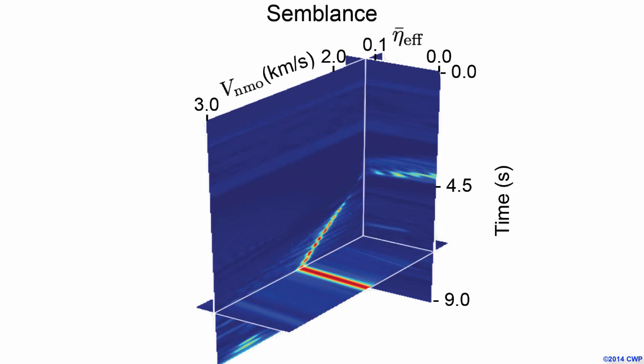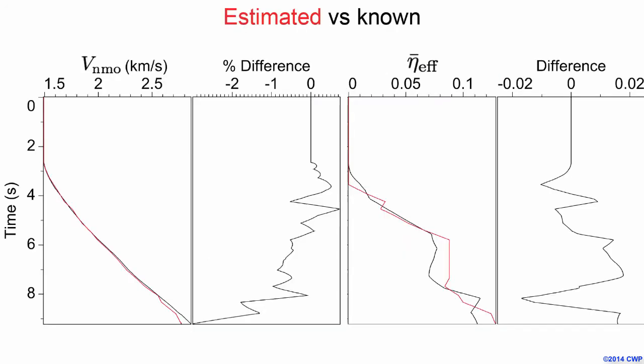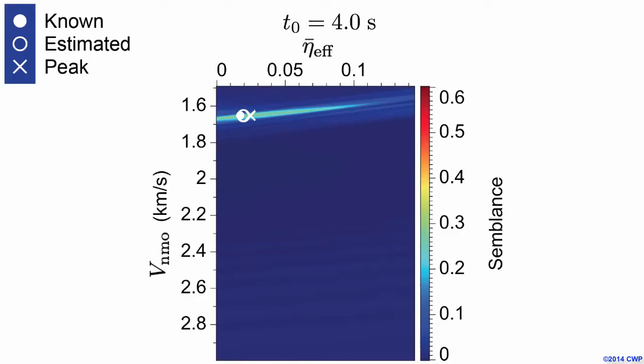So again, given the semblance spectra, we use a dynamic programming approach to estimate a solution using geophysical constraints, and looking at the differences between these and the model parameters, we can see that generally we're below 1% difference in the VNMOs and about 0.02 absolute difference in effective etas.